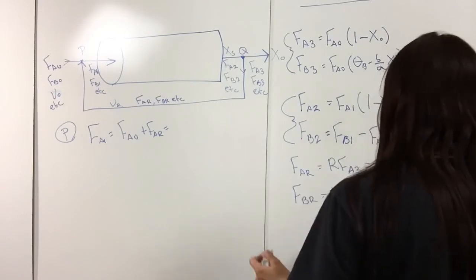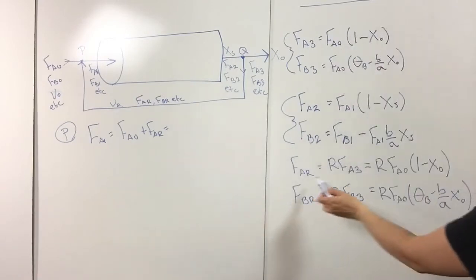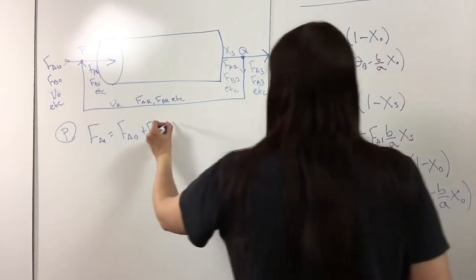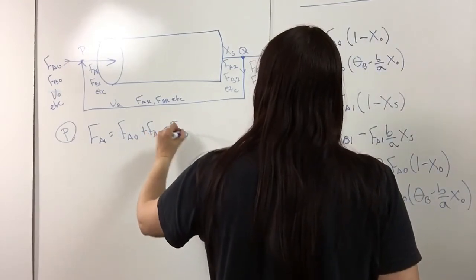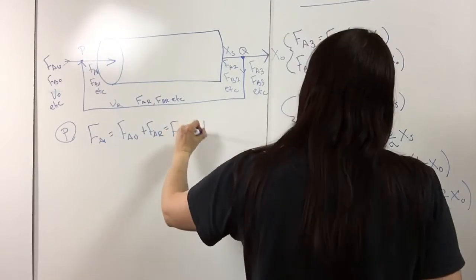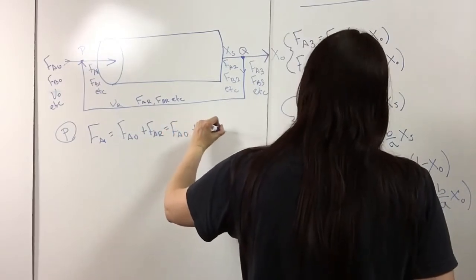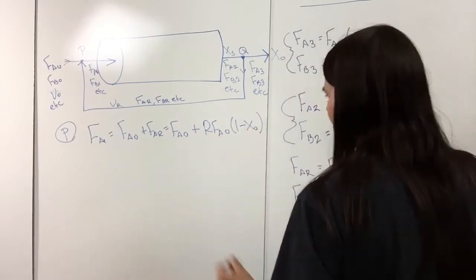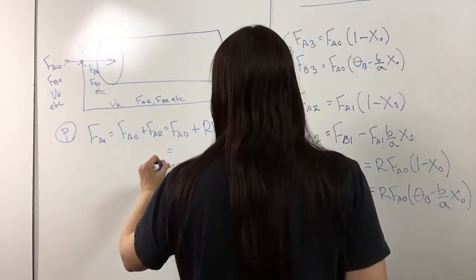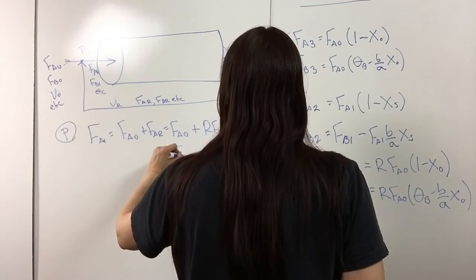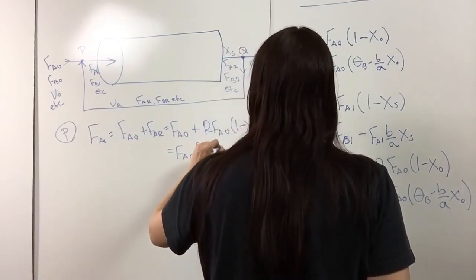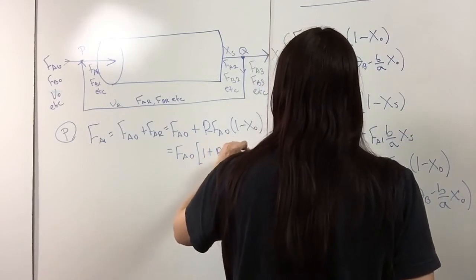And then we know what FAR is because we derived an equation over here. So this is equal to FA naught plus R FA naught 1 minus X naught. Then we can pull the FA naught out. So then this is FA naught 1 plus R 1 minus X naught.